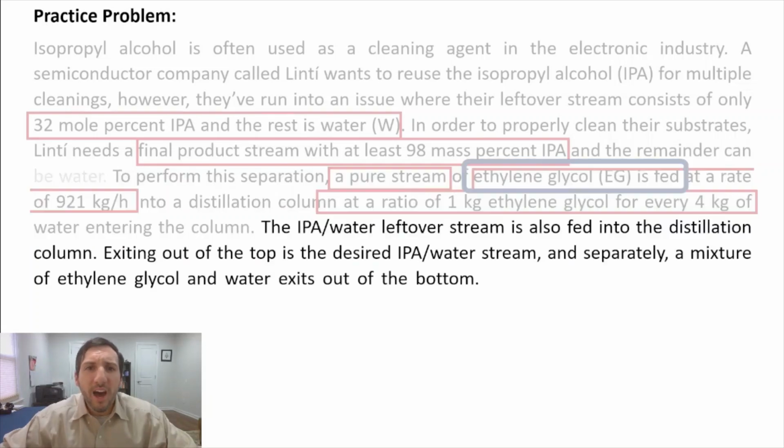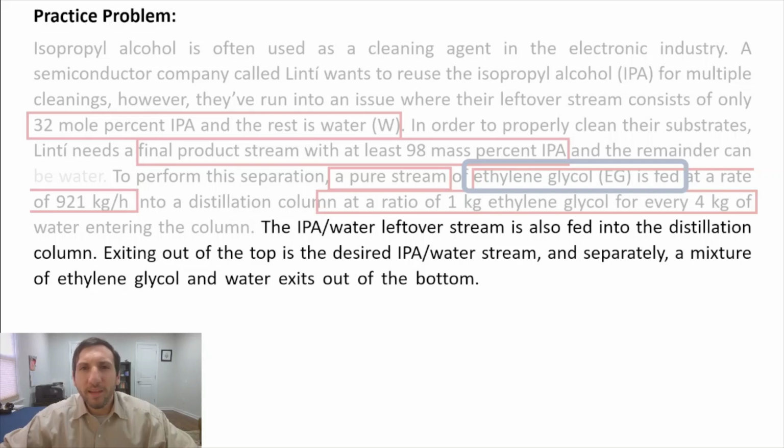We've got the IPA water leftover stream is also fed into the distillation column. Exiting out of the top is the desired IPA water stream, and separately a mixture of ethylene glycol and water exits out of the bottom. All right, so I'll identify, just like you, that there's no numbers here.